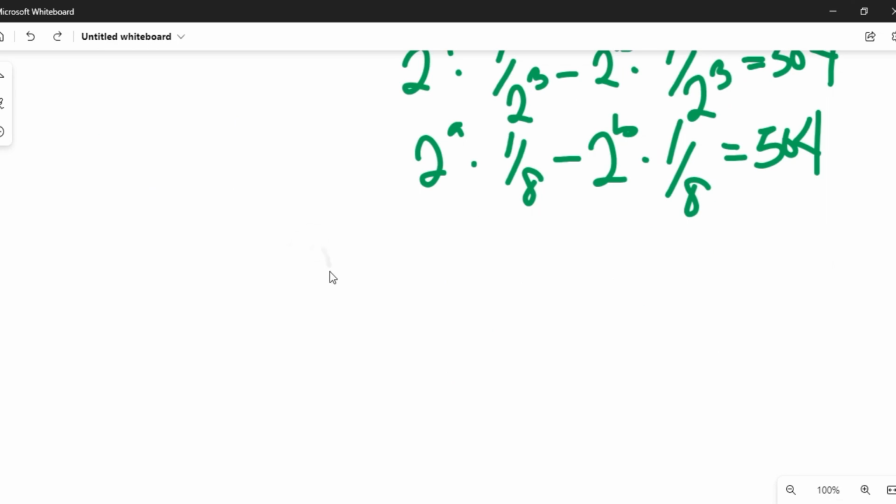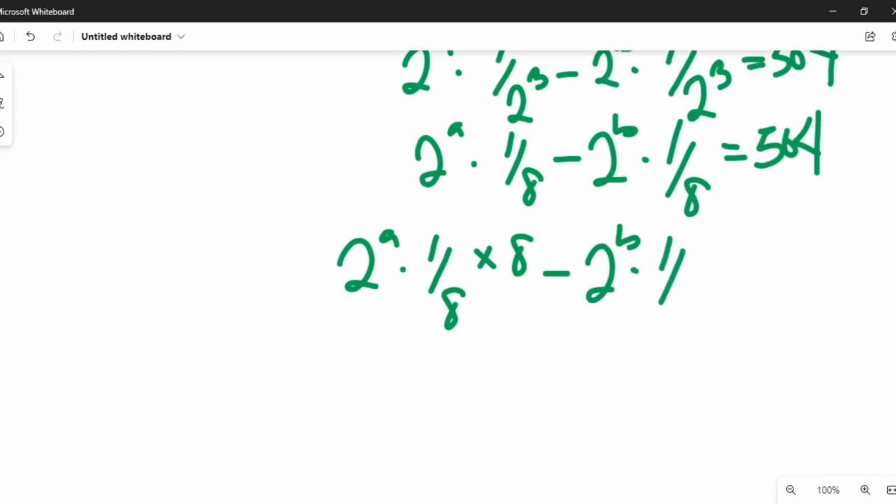So let's multiply both sides of the equation by 8. This will give us 2^a multiplied by 1 over 8 times 8, minus 2 raised to the power b multiplied by 1 over 8 times 8, and then we'll have 504 multiplied by 8.